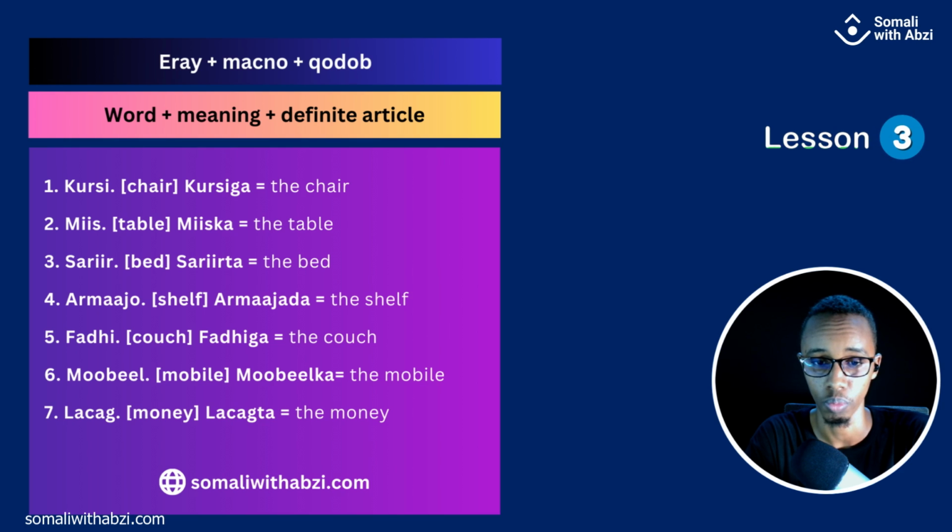Now let's repeat one more time. I am going to say the words. You're going to say the definite articles. For example, if I say kursi, you will say kursiga. Okay? Let's do it together. Kursi. Miis. Sariir.